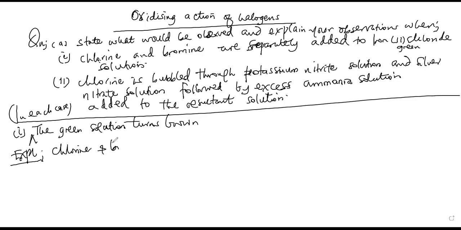chlorine and bromine oxidize iron 2 ions from iron 2 chloride solution. So we have iron 2 ions to iron 3 ions.